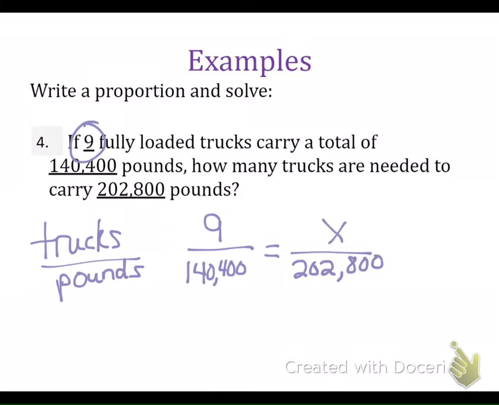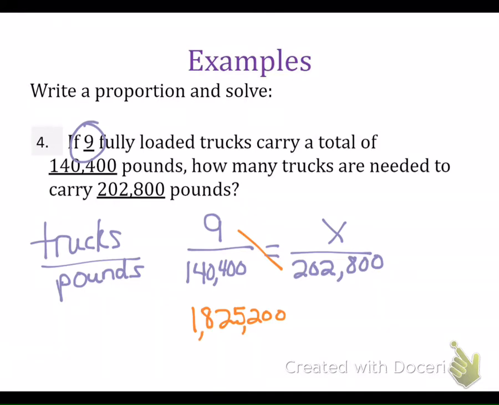And then we're solving for the number of trucks. And we will cross multiply. So 202,800 times 9. It's a big number. 1,825,200.